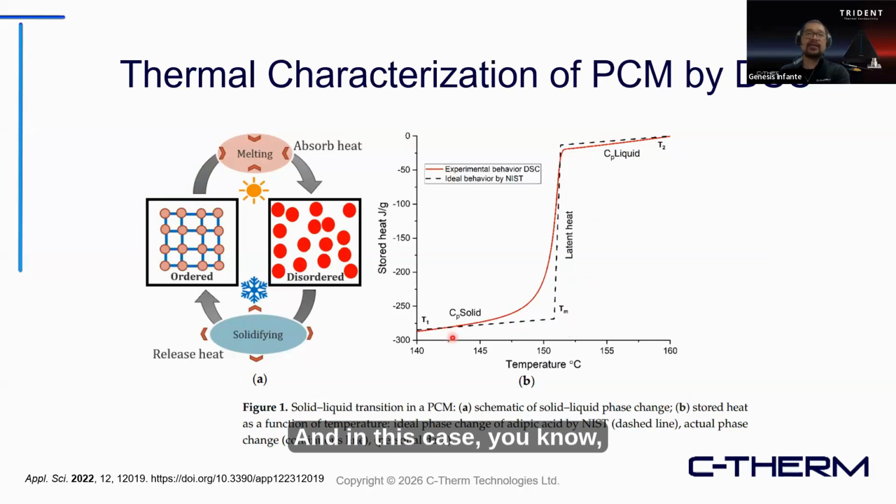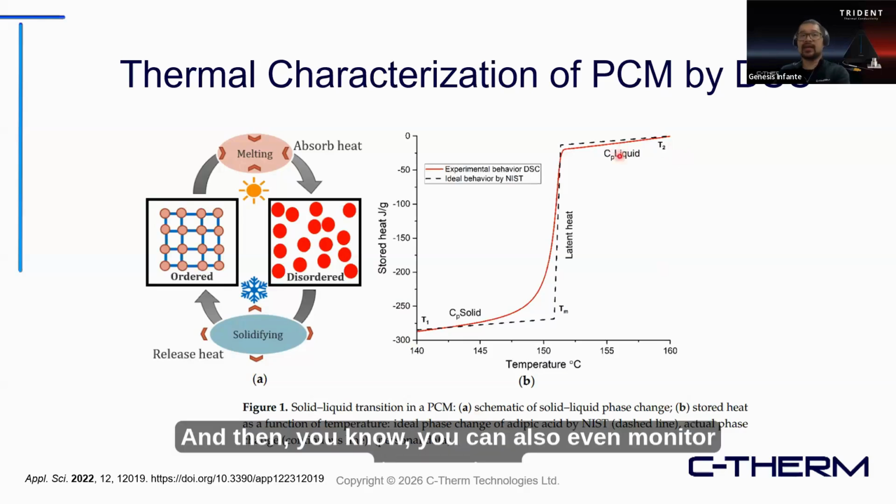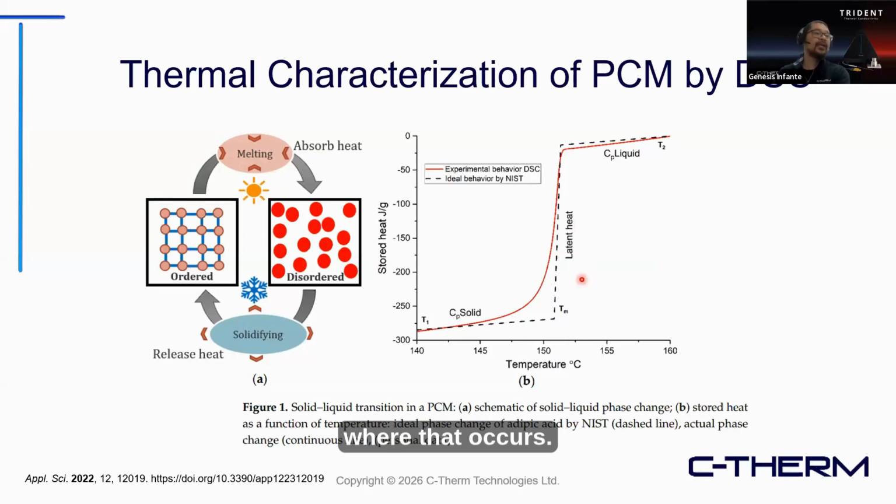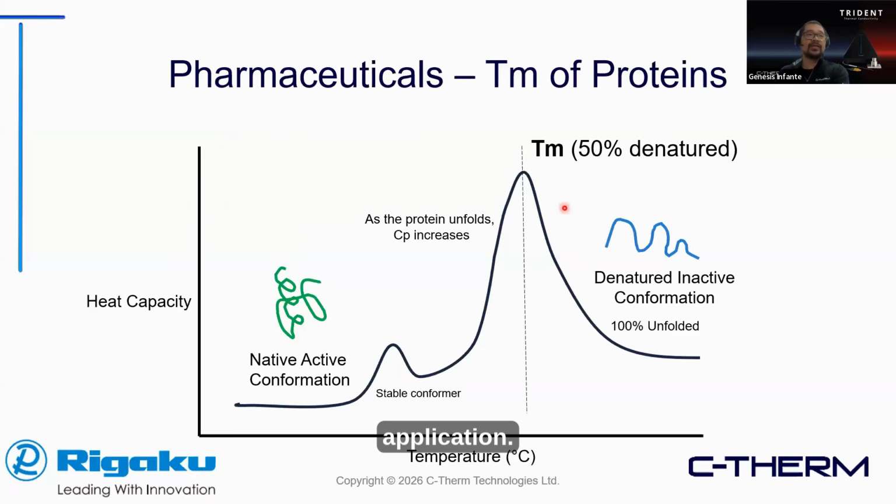The quality and performance of the PCM is highly and directly related to its ability to store heat or release heat, right? So using the DSC, you can monitor what's the CP at the solid state and what's the CP at the liquid state, and you can also monitor the temperature where that occurs. That's one example where DSC is used in a material research application.